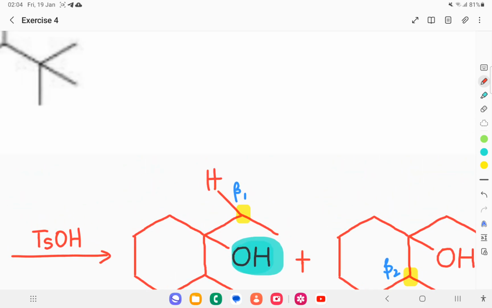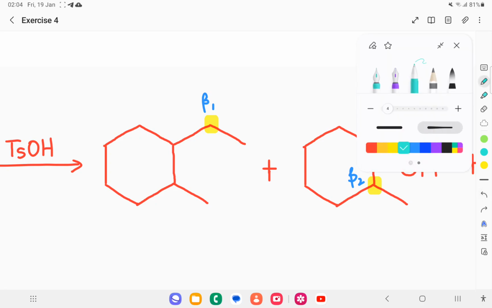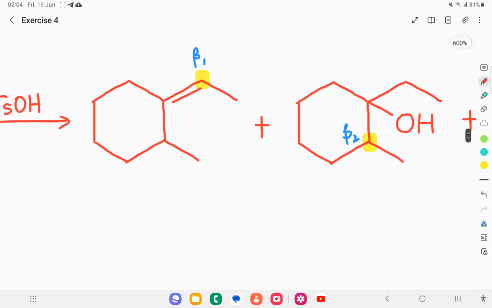We expand the structure, so we remove these as water. Then we form a new pi bond here. So this is the first product.